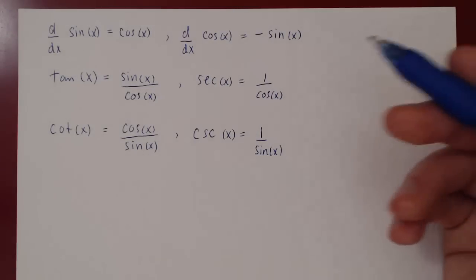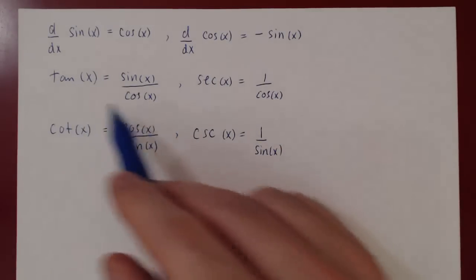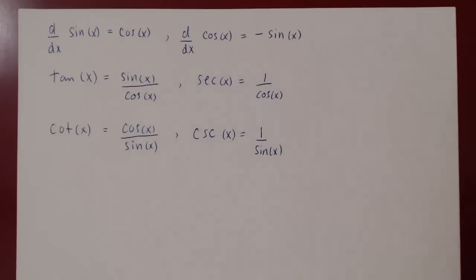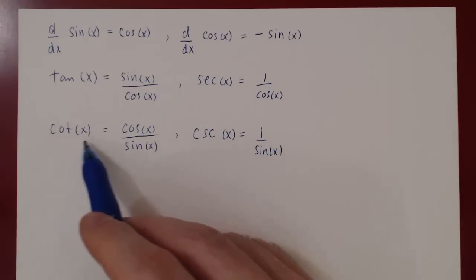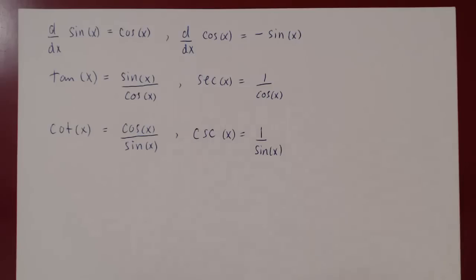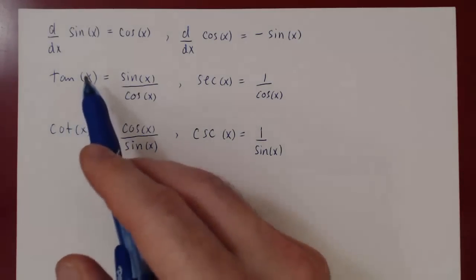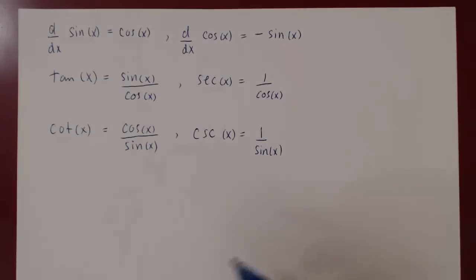So we can now find, say, the derivative of tan of x, and then secant of x, and I will let you find on your own the derivative of cotan and cosecant of x. Right? So let's now find the derivative of tan of x.